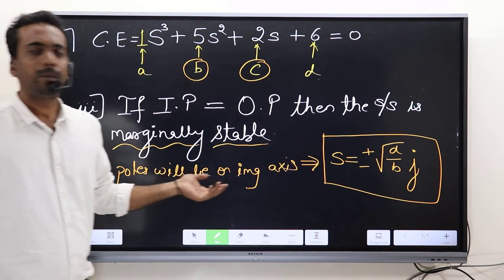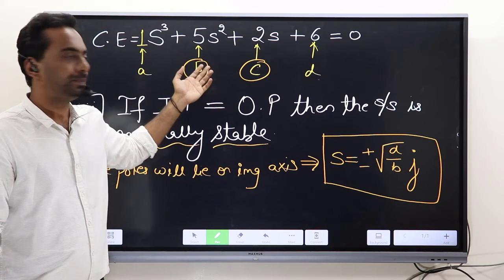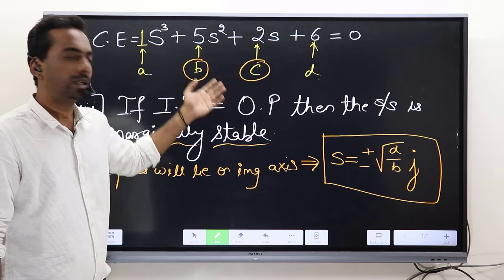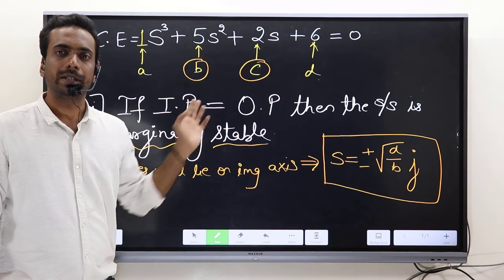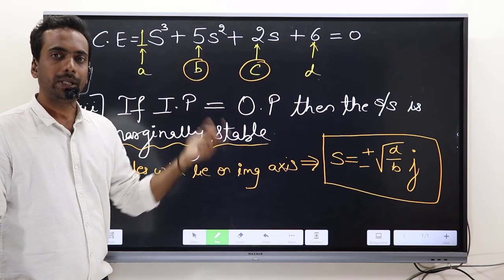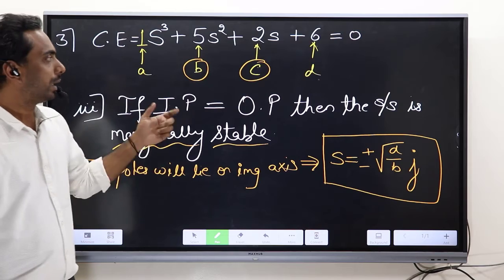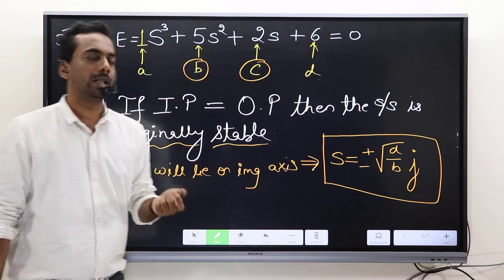So simple. If you have a cubic equation, you can straight away use this trick method. Multiply inner product and outer product. If the inner product is bigger, the system is stable; if the outer product is bigger, then the system is unstable.